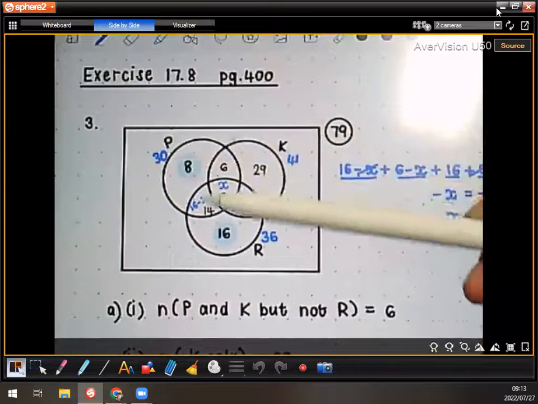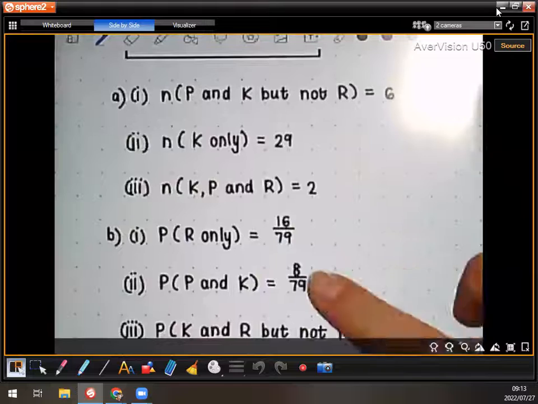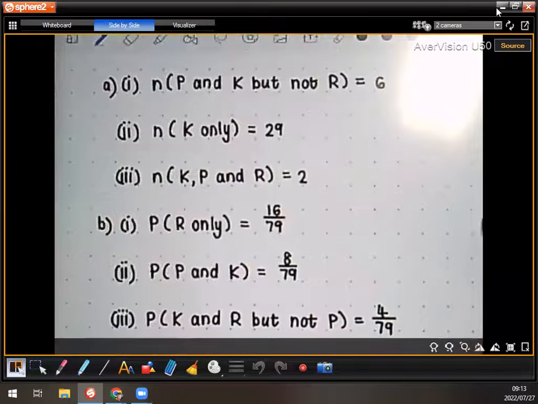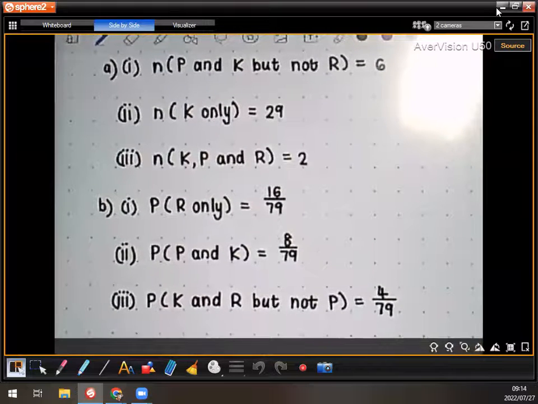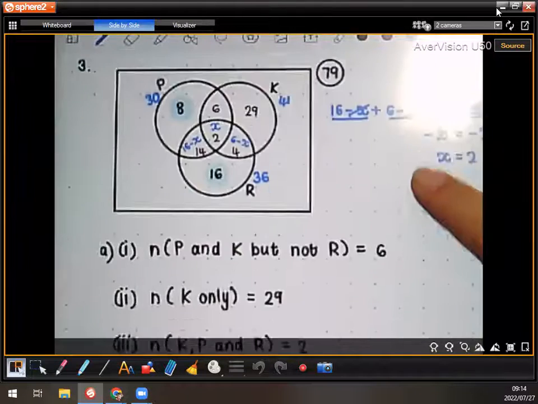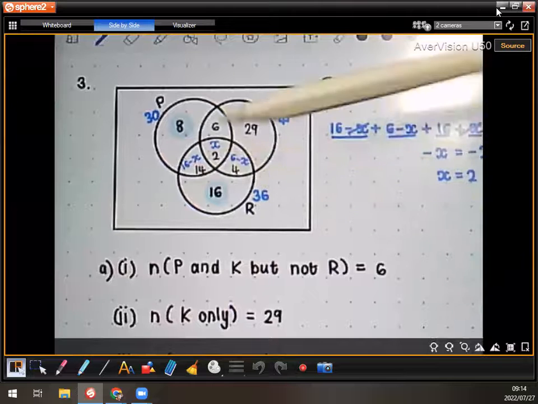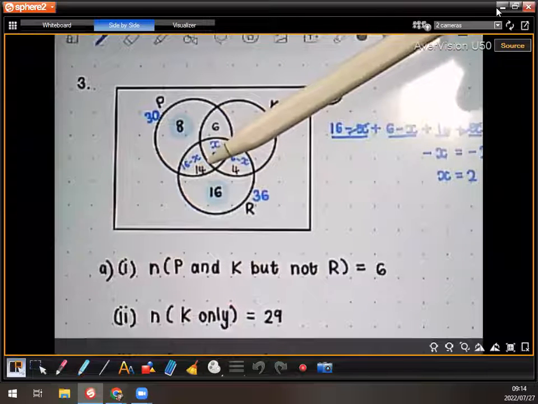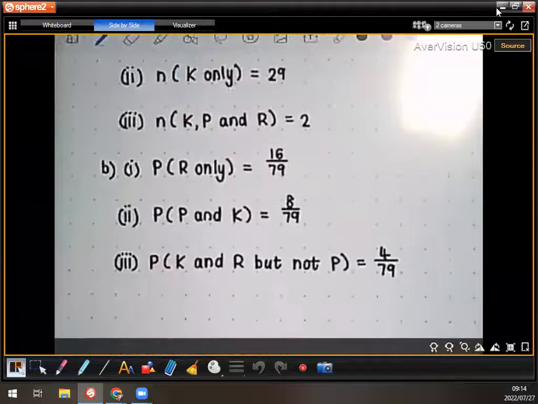Pop and fighter, so it's 2 parts, so 8 over 79. And none of these fractions could simplify. And then for the last one, what's the probability of fighter and rap but not pop? So you go to Quito and rap that section, but not pop. Then if you leave out those 2, that is 4 over 79.